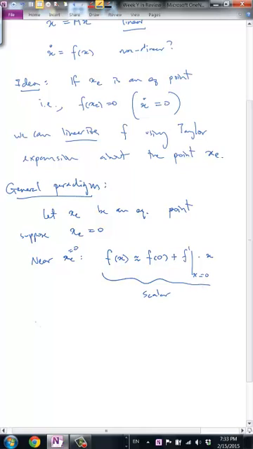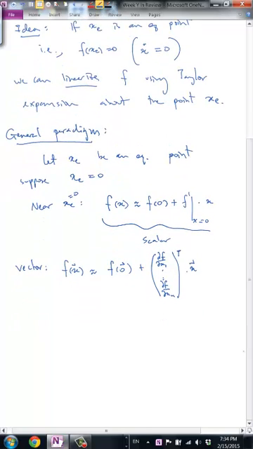And what happens in the vector case? For the vector case, we have f of x is approximately equal to f of 0, where x and 0 are vectors, plus, not derivatives, but the vector of partial derivatives, df dx1 all the way down to df dxn, transpose, times the vector x. So let's see this in action.